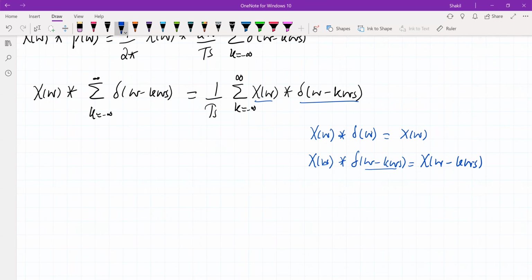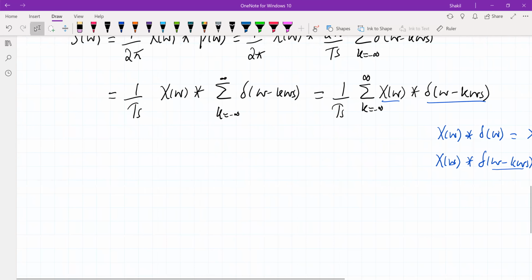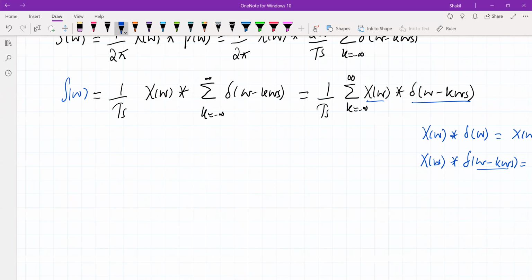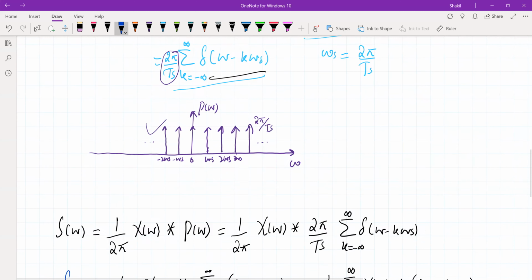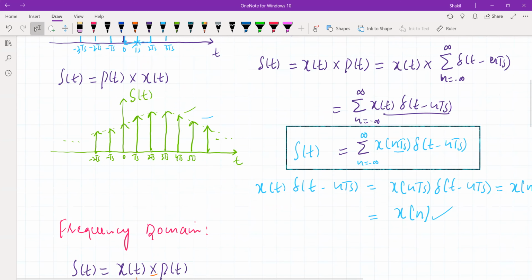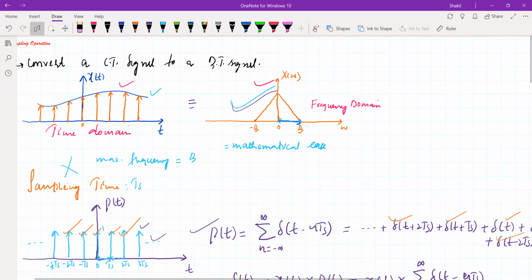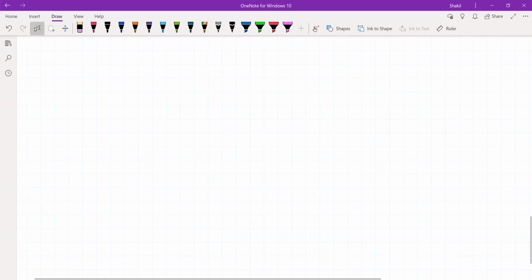If you substitute it here, S of omega will simply be 1/Ts summation, k running from minus infinity to infinity, X of (omega - k omega s). So this is what is happening in the frequency domain. When you convolve P of omega with this spectrum, we obtain an expression that looks like this.